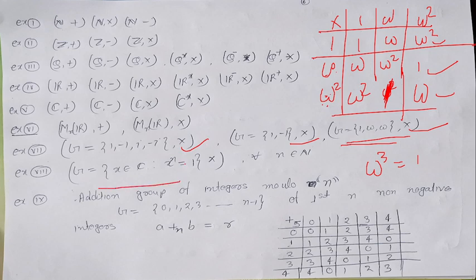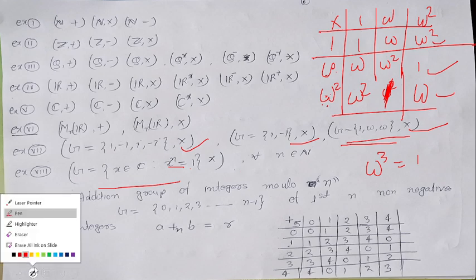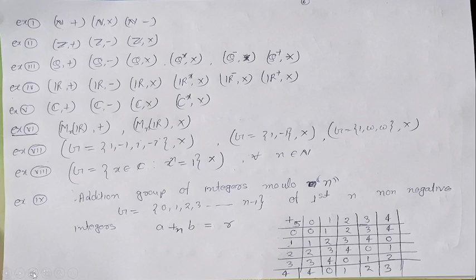Okay, and similarly you can see the nth roots of unity. This is for you; I would like to give you some reference so that you can easily do it. x to the power n equals 1, and 1 is written as cos 0 plus i sin 0.